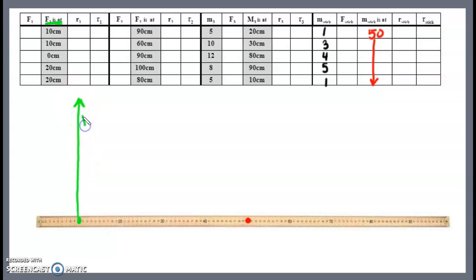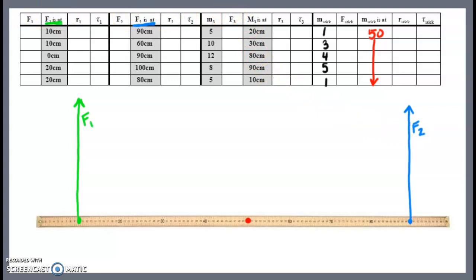This is F1. F2, which I'll do in blue, is at 90, and this is another one of those support arms, just like in the window washer question. So F2.